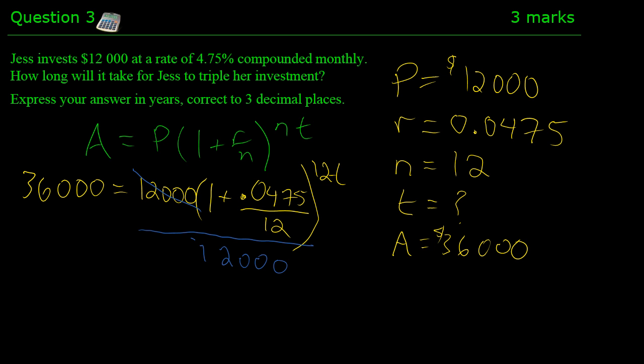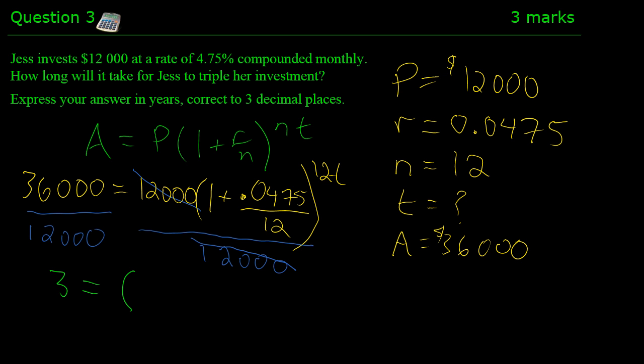So I'm going to cancel out the 12,000s, and that gives me a 1. And then the 12,000 over here will give me 3. So it's just a known fact that the time it takes to go from $12,000 to $36,000 is equivalent to the time it would take to go from $1 to $3.